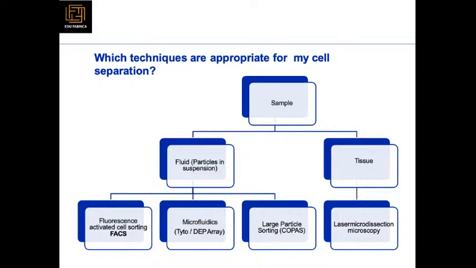There could be two types of samples while preparing your cells for cell separation: fluid particles in suspension and tissue. The ones in fluid suspension could go for FACS, DAP array, and COPAS, whereas for tissue you can go for laser dissection microscopy. But today's interest is in FACS analysis.